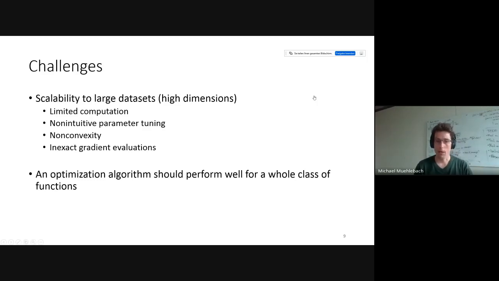And from a mathematical perspective, one thing which makes the analysis of optimization algorithms interesting is that an optimization algorithm should always perform well for a whole class of functions. It should not only work for a single function, but for a whole class. So there's an inherent robustness question associated with the analysis or the design of an optimization algorithm.